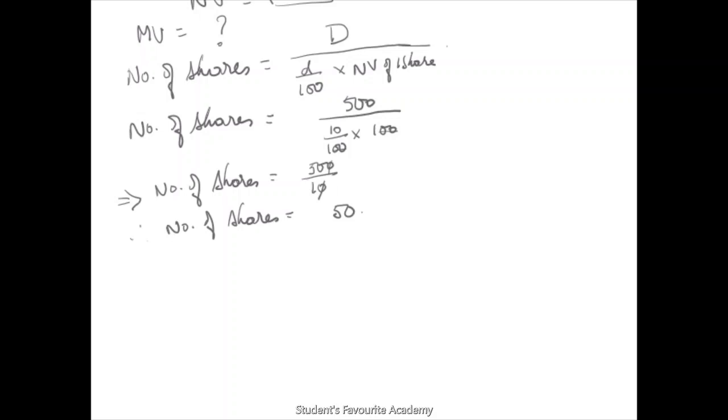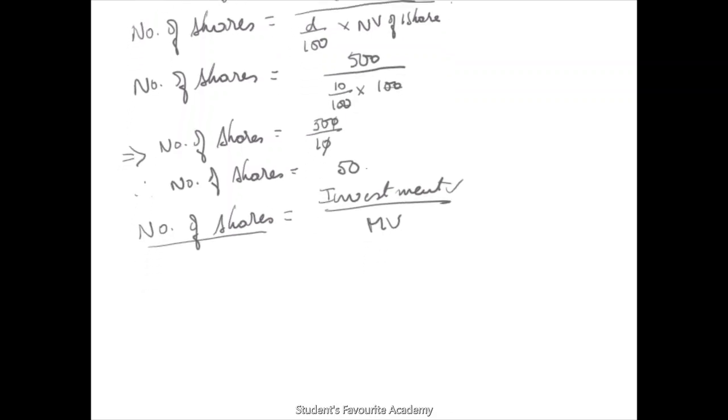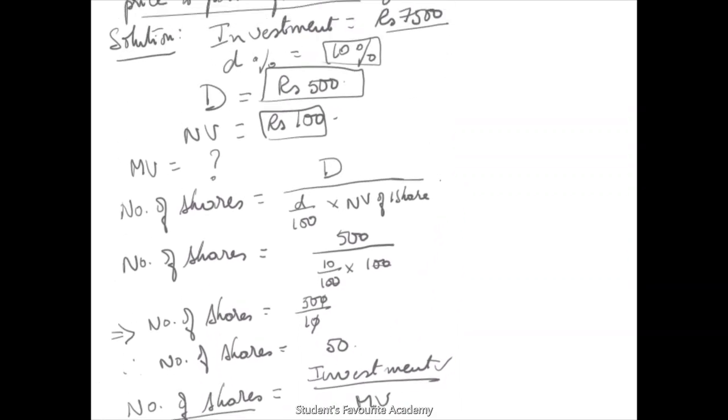So we have the formula, number of shares is equal to investment upon market value. Now here we know the number of shares, we know the investment. So we can find out the market value, right? So this implies 50 is equal to, investment is how much?